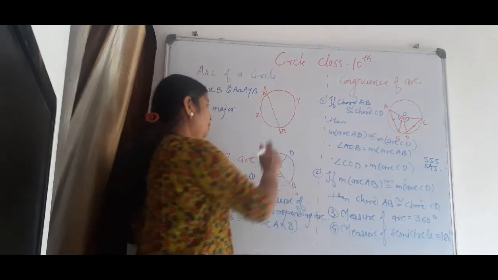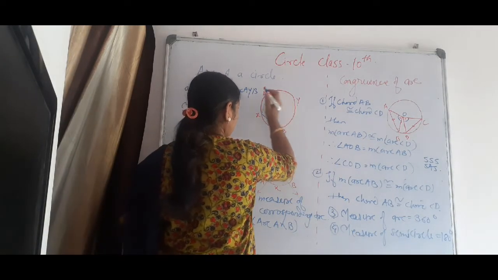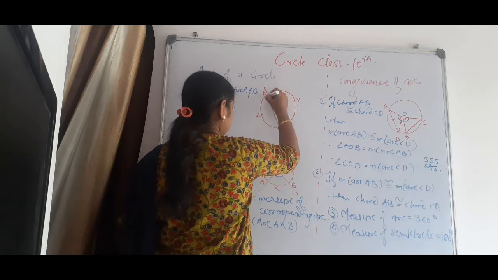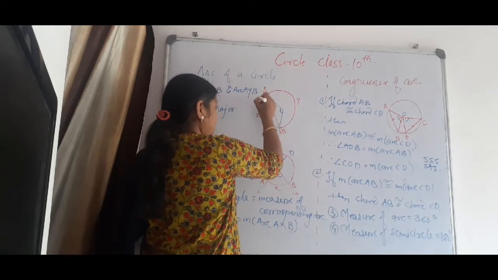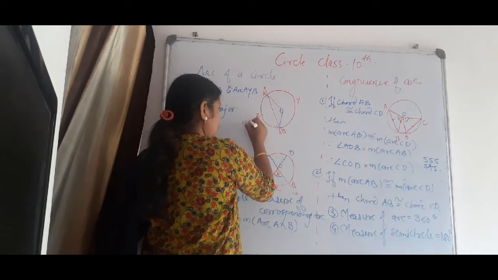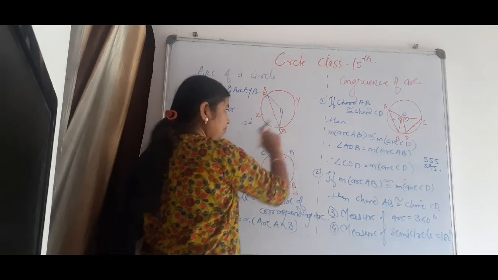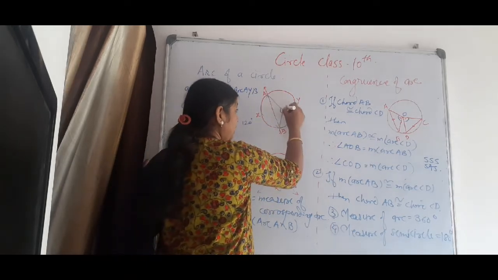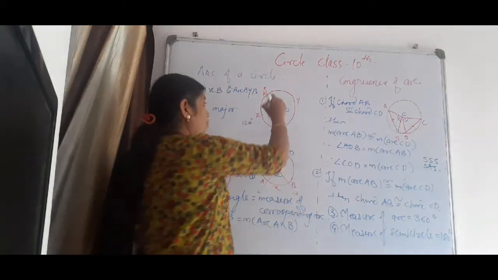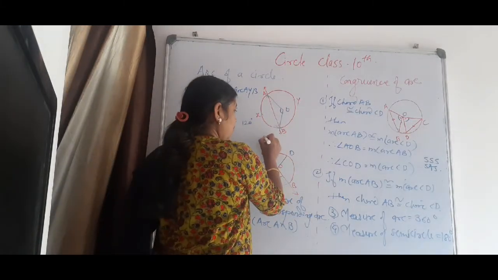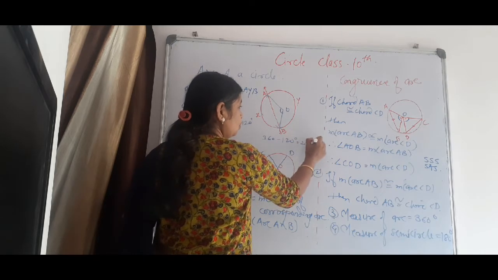Now if this type of figure is given, see here, arc AXB is 120. Therefore angle AOB is also how much? 120. And what is the measure of arc AYB? 360 minus 120, that is 240.